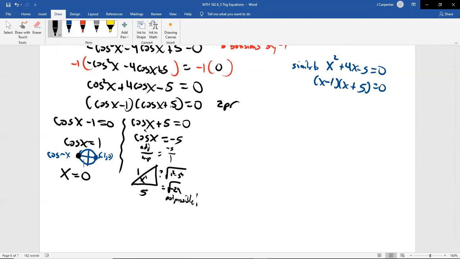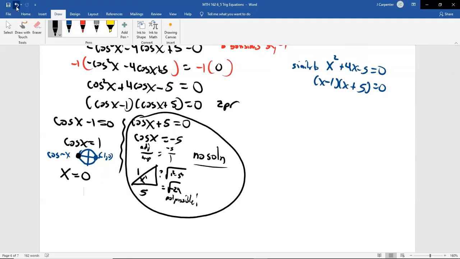What that means is it is not possible for the cosine of x to be equal to negative 5. Now, maybe you didn't think to draw this triangle. There's another way you can determine that too. But because that's not possible, there is no solution to that segment. I'm not saying there's no solution overall, I'm saying there's no solution to this piece.